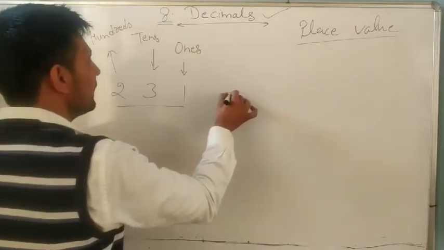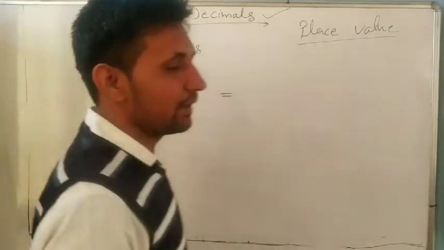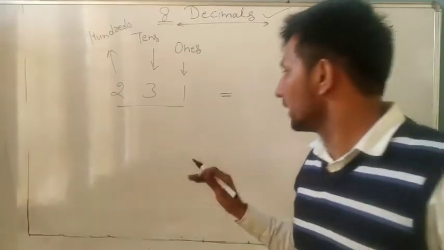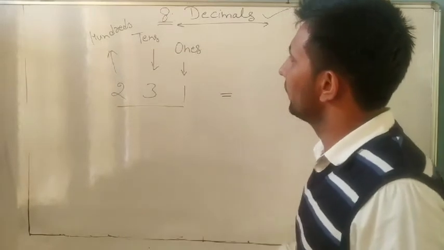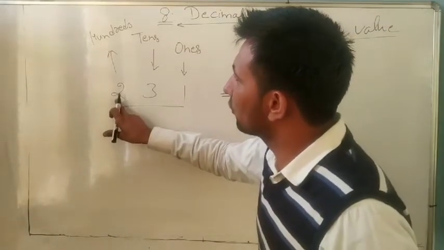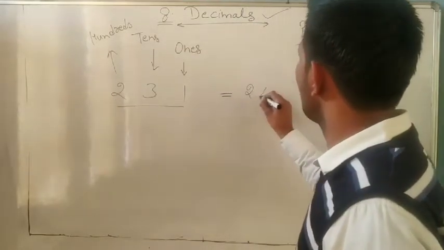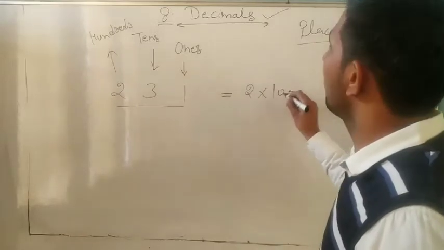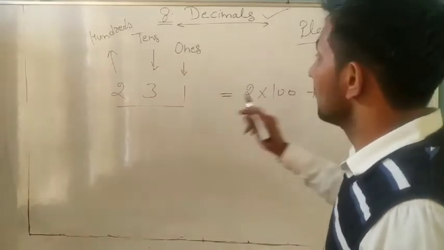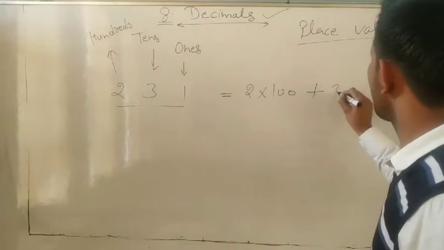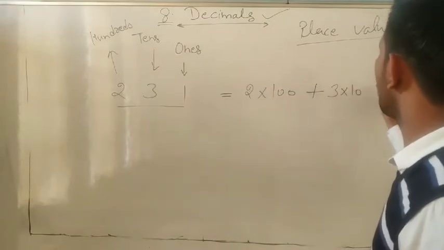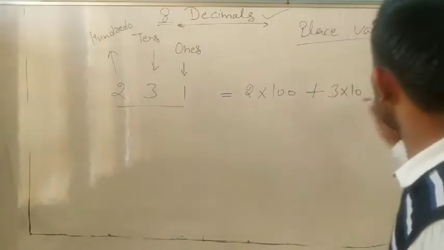What does this mean? It means we can express this number in expanded form. How will we write it? We know the place value of 2 is 100, so 2 multiplied by 100, plus the place value of 3, which is tens: 3 into 10, plus the place value of 1, which is 1.